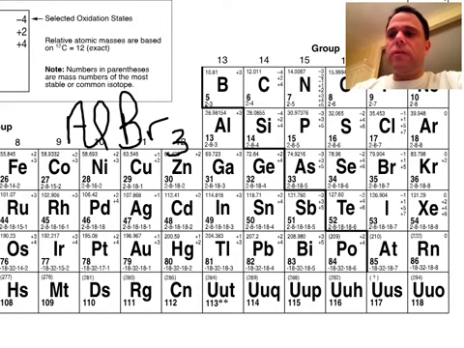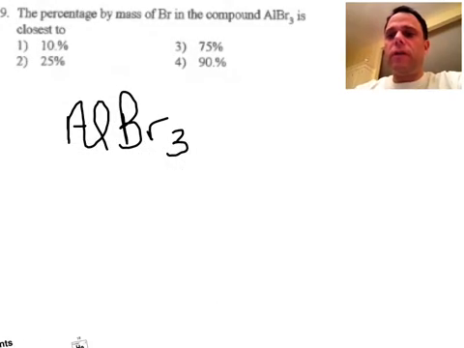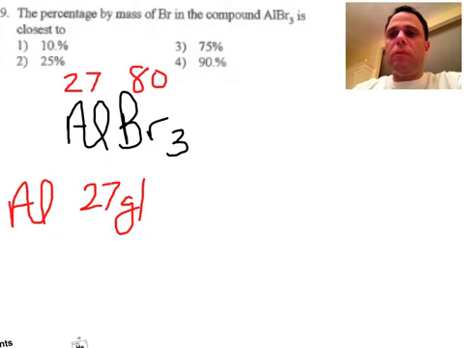Okay. So, aluminum's mass is 27. Bromine is 80. So we have 27 grams per mole for aluminum.